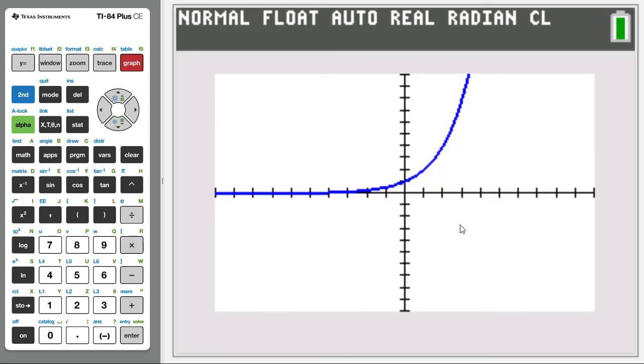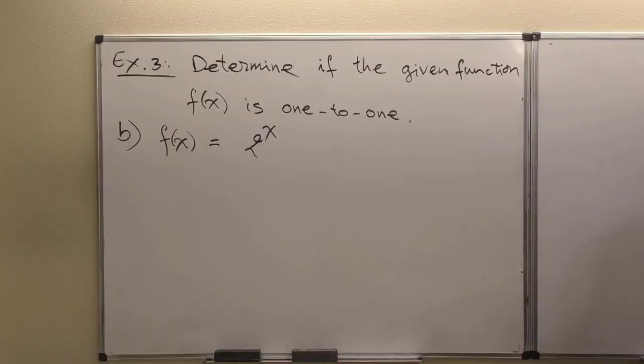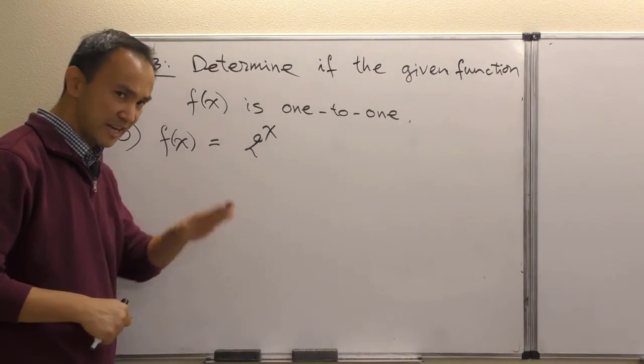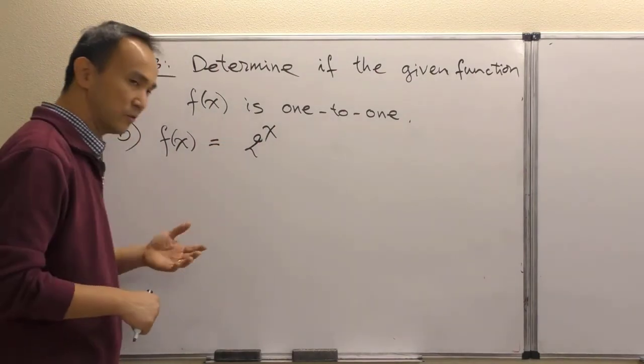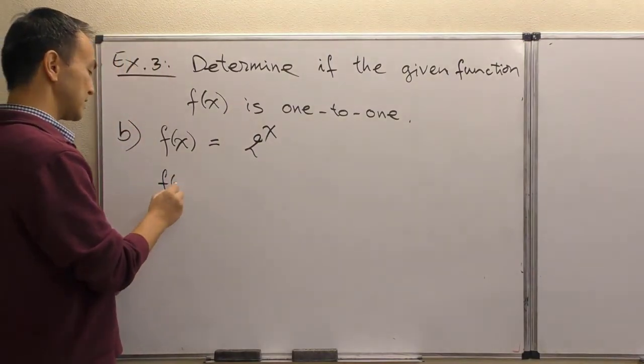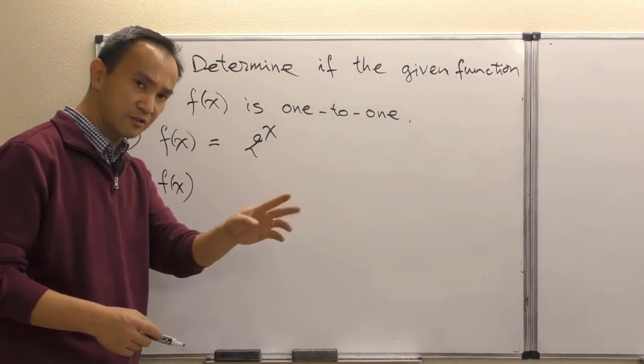That is the graph for our function 2 to the x. We don't have to have any advanced understanding about this function yet. We simply look at this graph and are ready to use our horizontal line test to decide whether the function 2 to the x is a one-to-one function or not. Now I'm ready to make my final conclusion. At least within what we can view, this function passes the horizontal line test, because anywhere we place the horizontal line, the line only crosses the graph at 1 point.